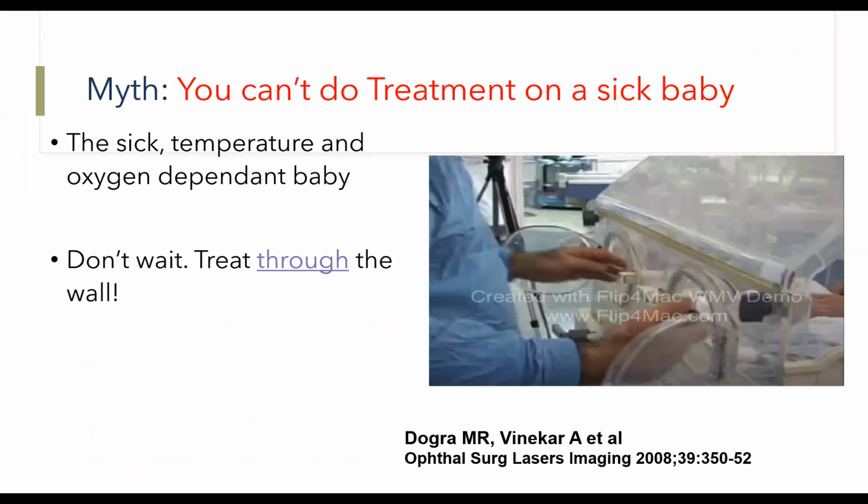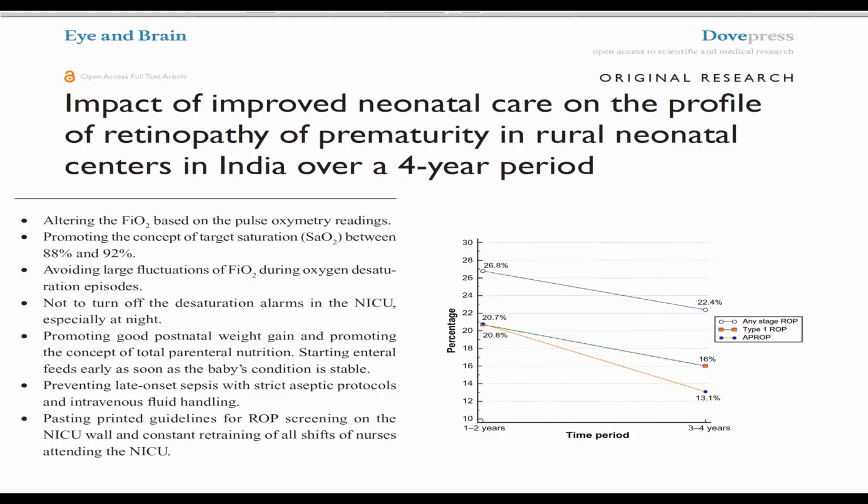This is one of the papers where they changed the different parameters, and thus the chances of developing treatable ROP decreased. They targeted FiO2 based on pulse oximetry readings, with target saturations between 88 to 92%.